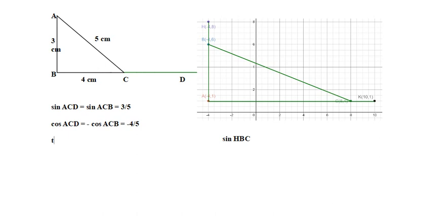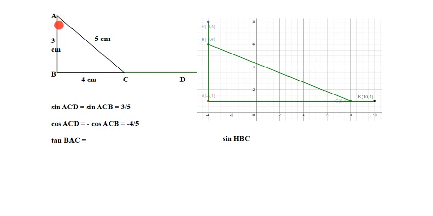We are asked now to find tangent of BAC. Let's look at the picture once again. BAC, so this is the one. Remember SOH CAH TOA. TOA: tangent equals opposite over adjacent.